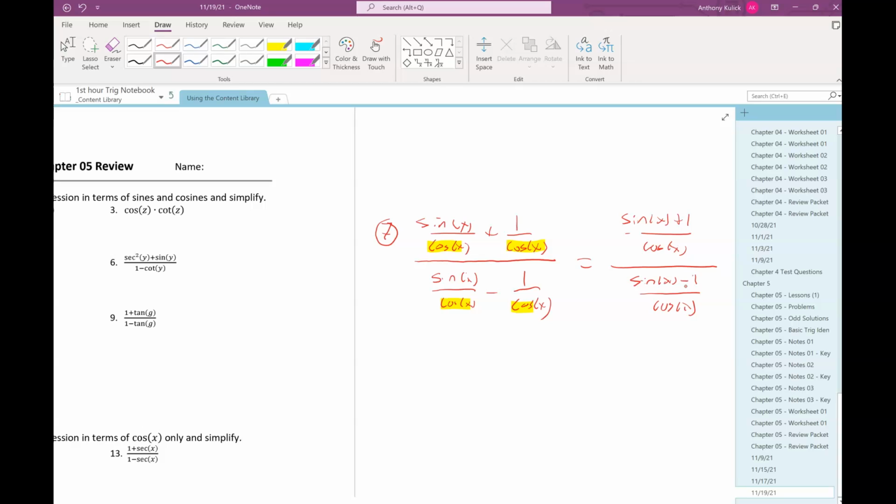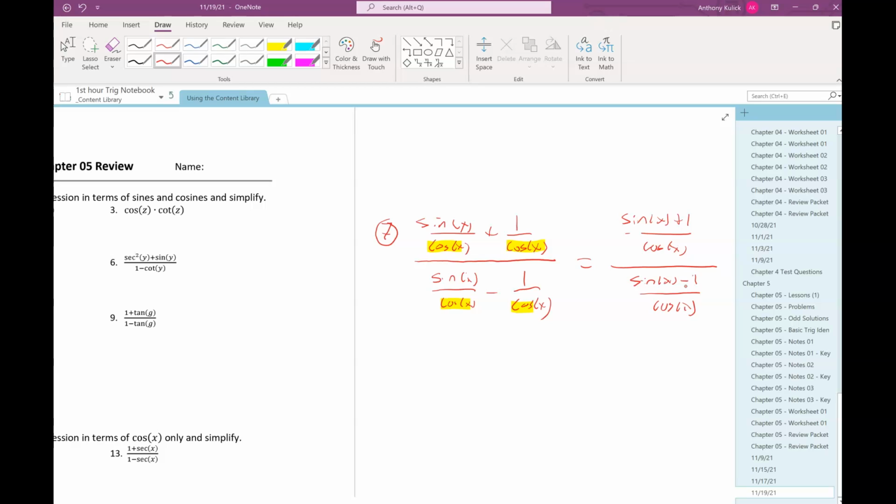Why don't you cancel it out? Why don't I cancel it out? What would I be canceling? When it's a fraction, do they both have to be the same, positive and positive, or positive and negative?